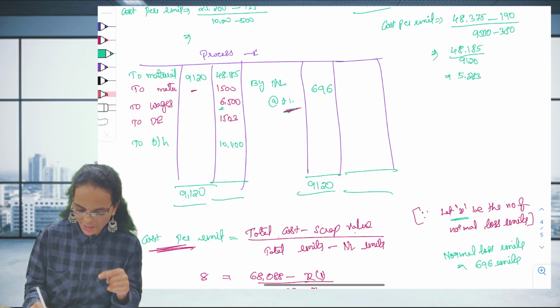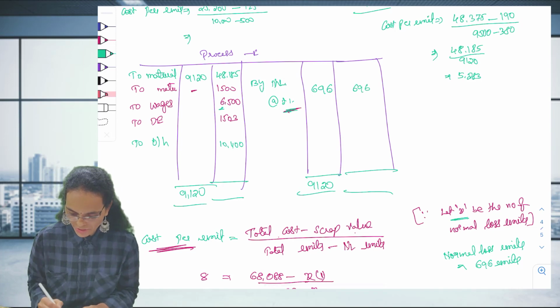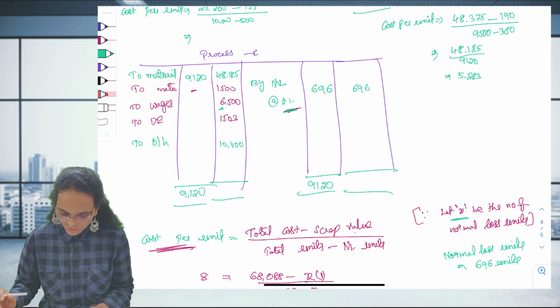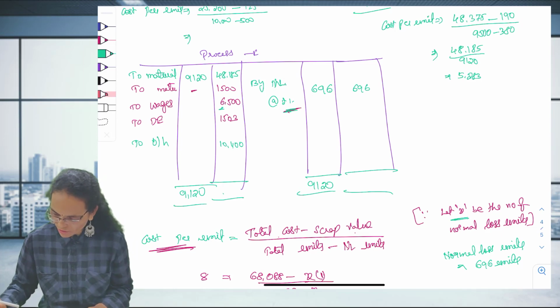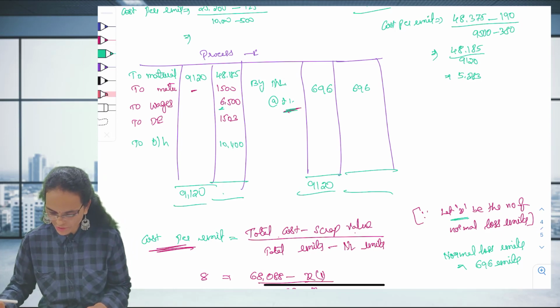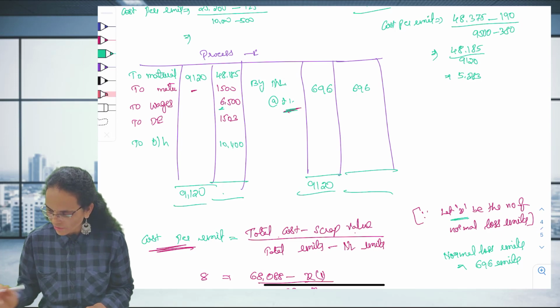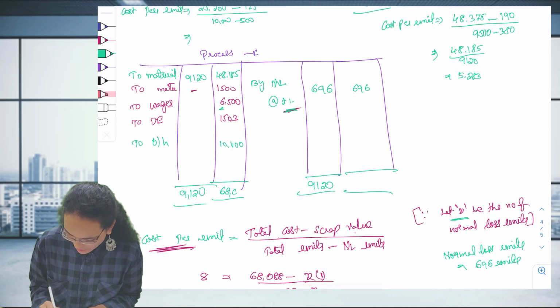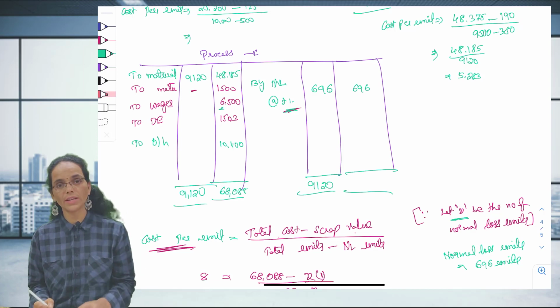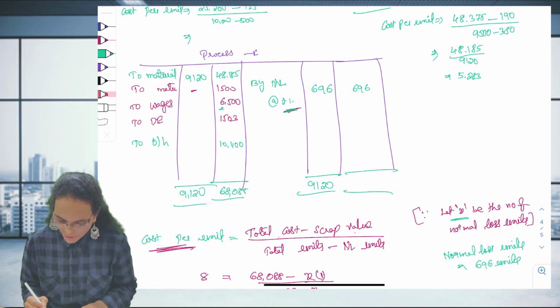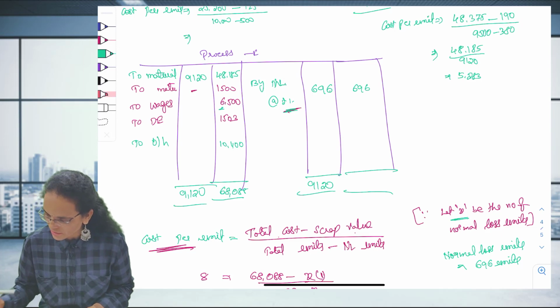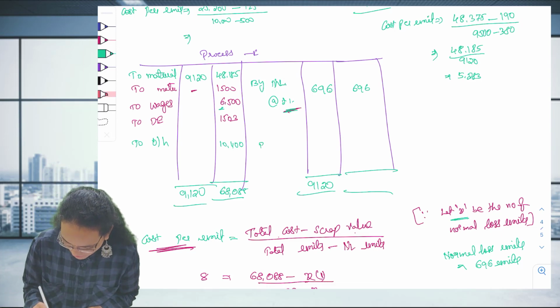It is sold in the market at 1 rupee, so 696 rupees. So this total value 48,185 plus 1,500 plus 6,500 plus 10,400, that is 68,088 rupees minus 696, that is finished goods value 67,392.